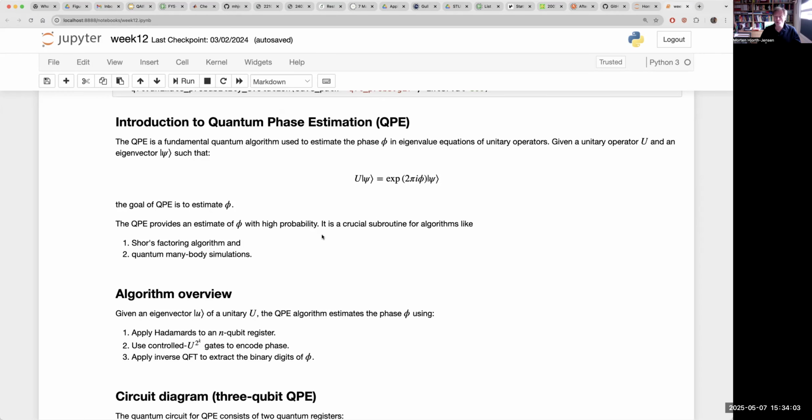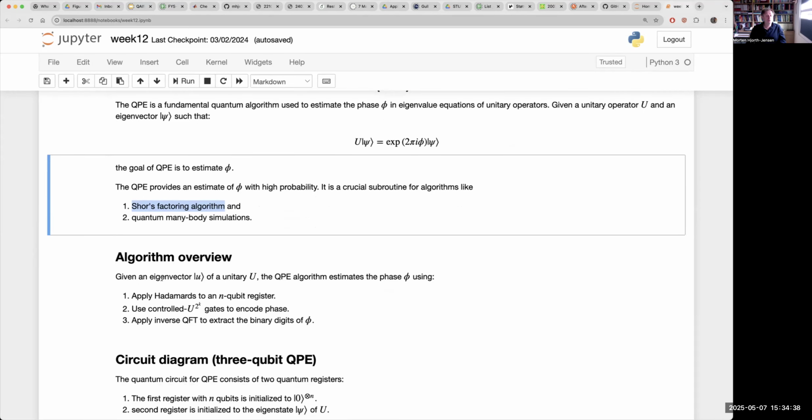And it is a crucial subroutine for algorithms if you're dealing with many-body simulations, like we had in project number 1. Alternatively, for those of you who are interested in Shor's algorithm, this is an essential element to include in Shor's algorithm. So the algorithm itself is actually not that difficult to derive, but we need to go through some of the basic steps. So the basic steps are going to include a unitary transformation.